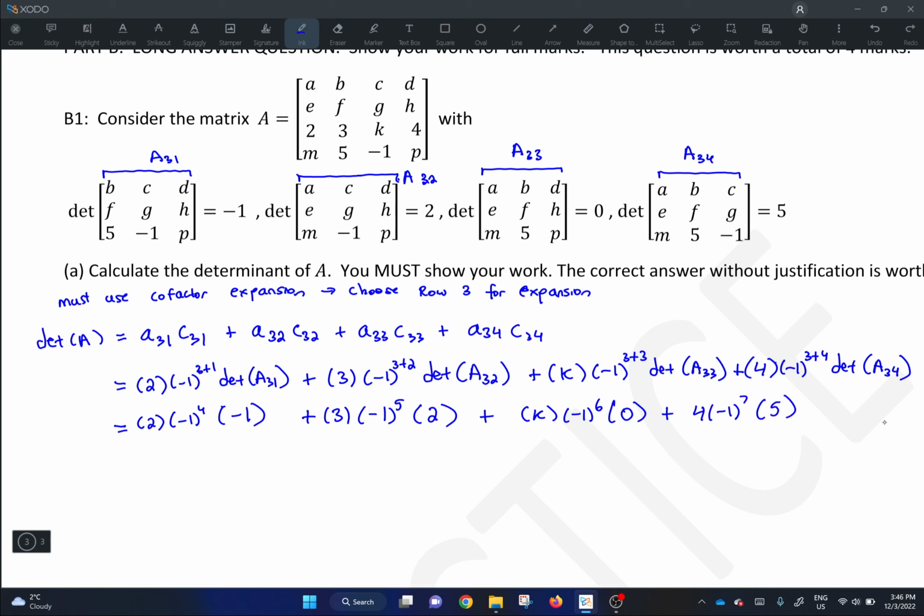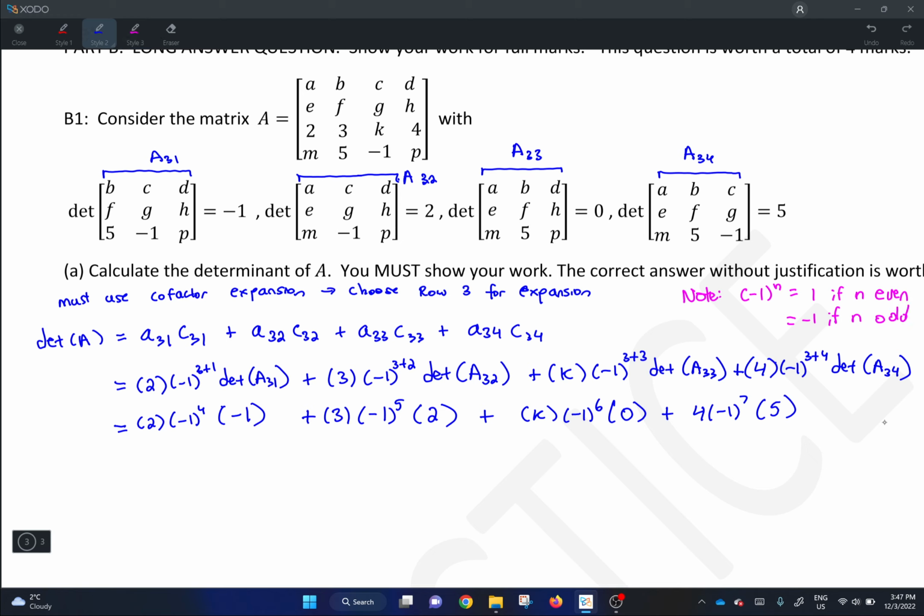There you go. I'm going to use a fact here: negative 1 to the n is equal to 1 if n is even, and equals negative 1 if n is odd.